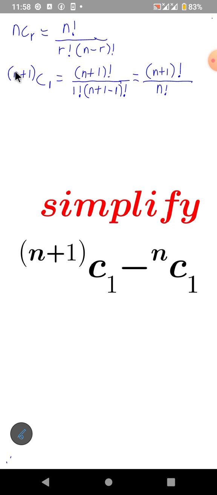So n plus 1 combination 1 is equal to n plus 1 factorial all over n factorial.